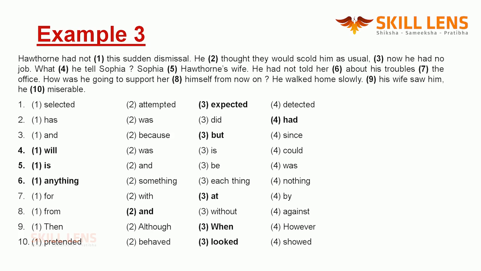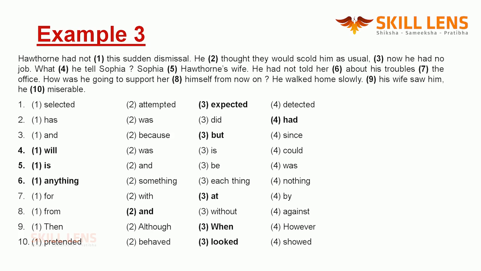That gives us an understanding of what would have happened had Hawthorne still been working. Had he still had a job, what would have happened? They would have scolded him. But what did they do? They dismissed him. They threw him out of the job. That's why it is giving us a contradictory idea, ideas that are opposite in nature to each other. As such, we use "but" as our answer in the third blank.